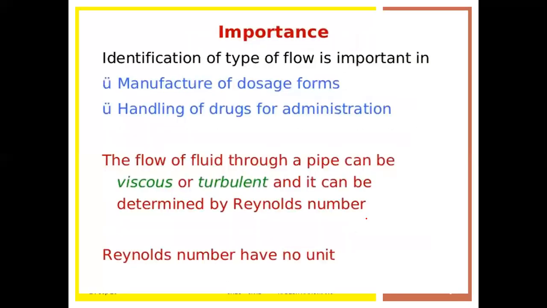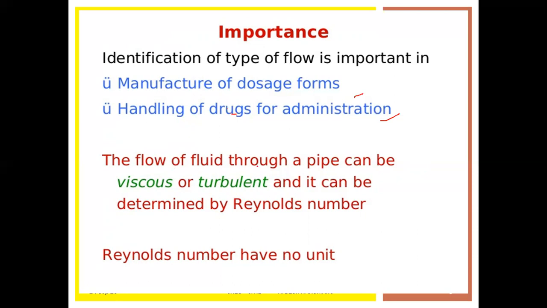Next. Identification of types of flow is important in the manufacturing of dosage forms and also in handling drugs for administration. Whether the flow is an open flow or a closed flow, these are used in some manufacturing units for handling drugs for administration.